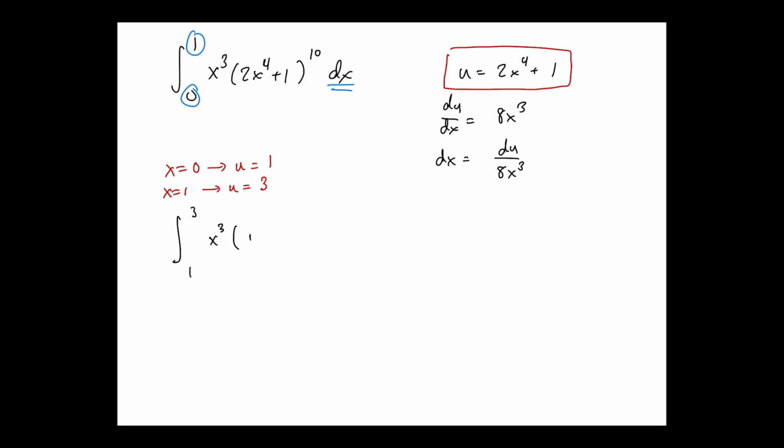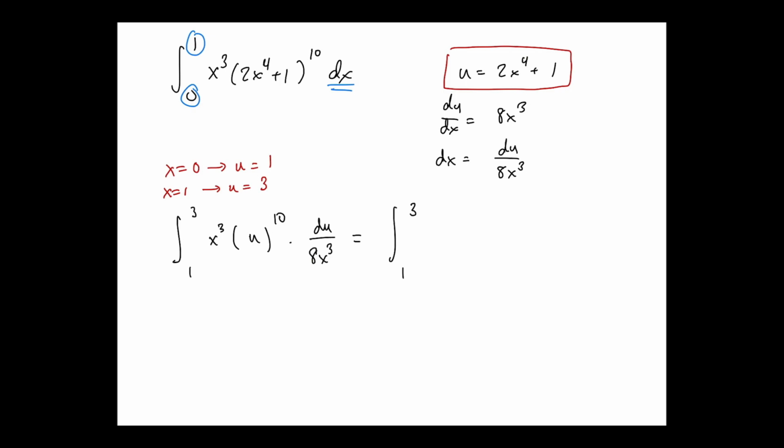Yeah, just u. And it's to the 10th. And dx was du over 8x cubed. So there I just substituted everybody and put them in their appropriate places. Okay, so we're good with that step. Sorry, this may not perfectly match the blanks on the sheet, but in order.